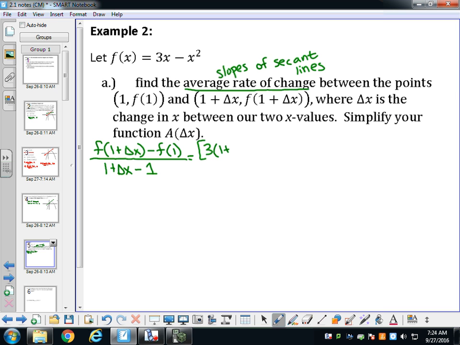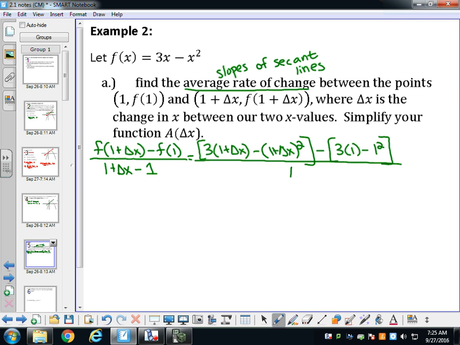So I get 3 times 1 plus delta x minus 1 plus delta x squared. And then minus, I need to plug a 1 in, so I get 3 times 1 minus 1 squared. And all of that is going to end up just being over delta x because the 1's are going to cancel.